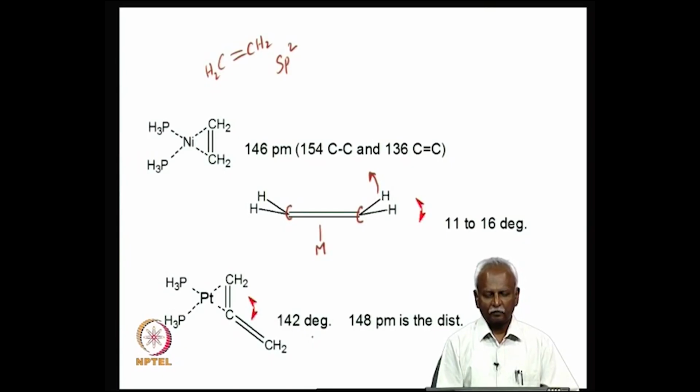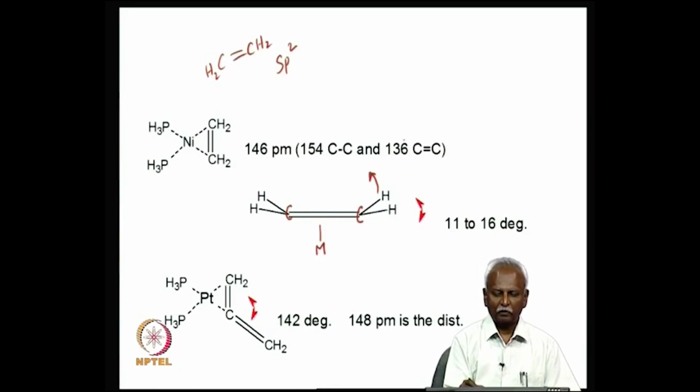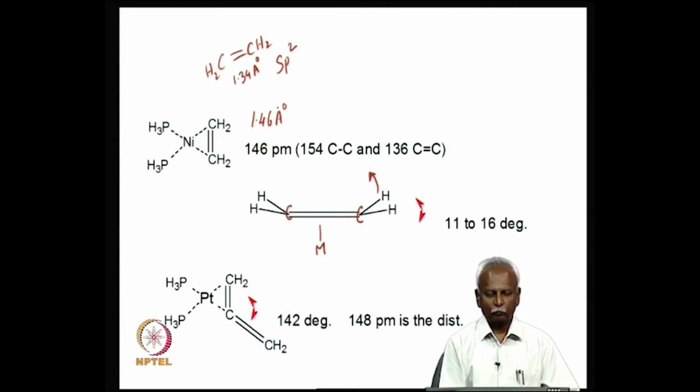Initially the carbon-carbon bond distance is around 134 picometers, that is 1.34 angstroms, and in the complex it can go all the way from 146 picometers or 1.46 angstroms to even 1.54 angstroms, which is the distance for a carbon-carbon single bond. Surprisingly, the back bonding can be more and more significant in some instances, especially if you have electron withdrawing groups, and then the bond distance can increase all the way to 1.54 angstroms.